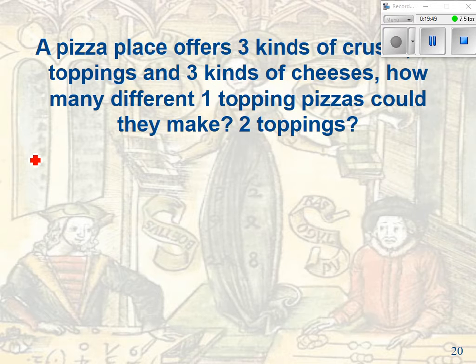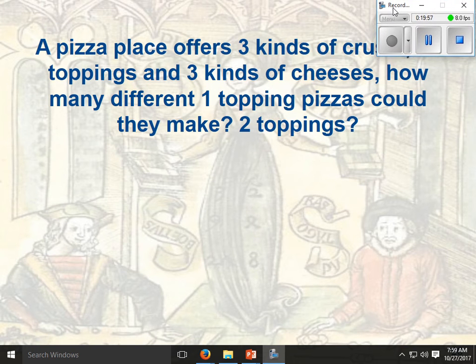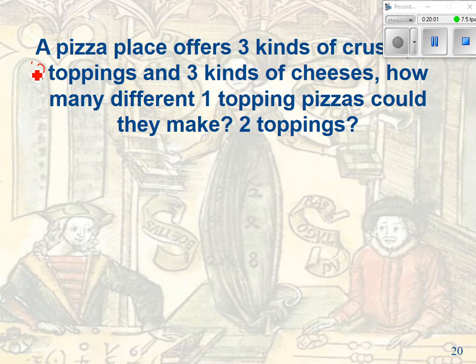Pizza place offers 3 kinds of crust. 12 toppings. And 3 kinds of cheeses. How many different 1-topping pizzas could they make? So if we do this, what's your first choice?